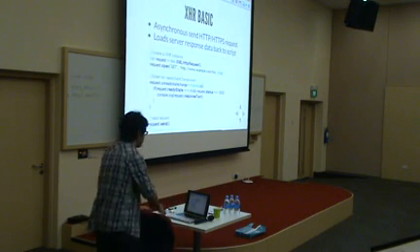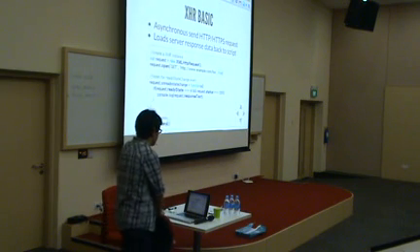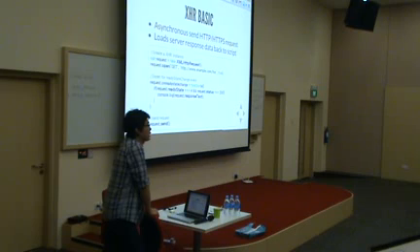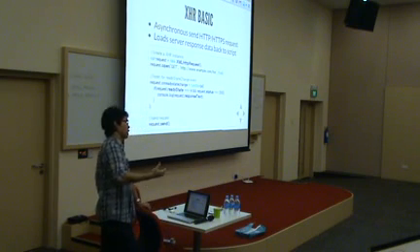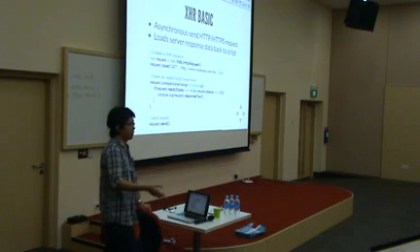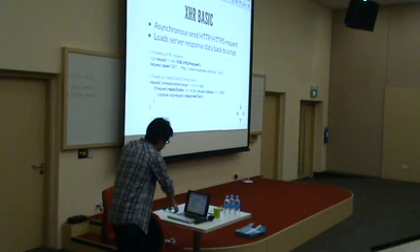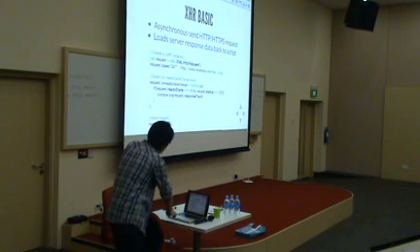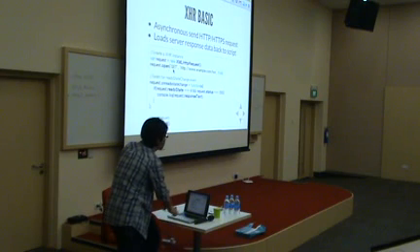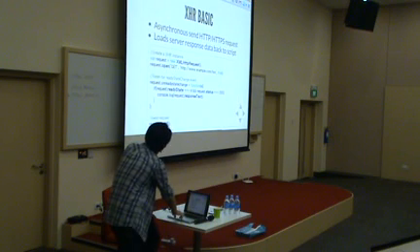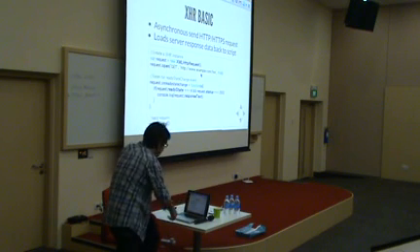So XHR is just XML HTTP request. It's the way we send asynchronous HTTP or HTTPS requests to the server, so that we can fetch some data from the server without reloading the page. And this is how you do it. You create a new HTTP request, tell it which method, you can use GET, you can use POST, and then the URL you want to fetch data from.